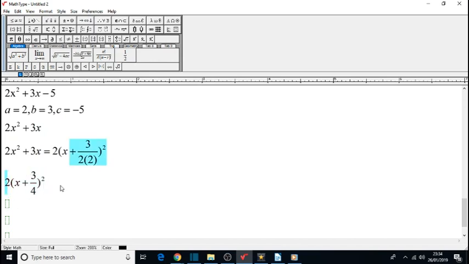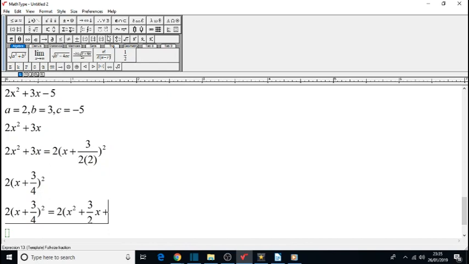So 2(x + 3/4) squared is equal to 2(x squared plus 3/2 x, because 3 over 4 multiplied by x is 3/4 x, and then when you've got the second bracket, which is also x plus 3 over 4 again, x multiplied by 3 over 4 is 3/4 x again, so 3/4 x plus 3/4 x is 3/2 x, and 3 over 4 multiplied by 3 over 4, you're going to get 9 over 16.